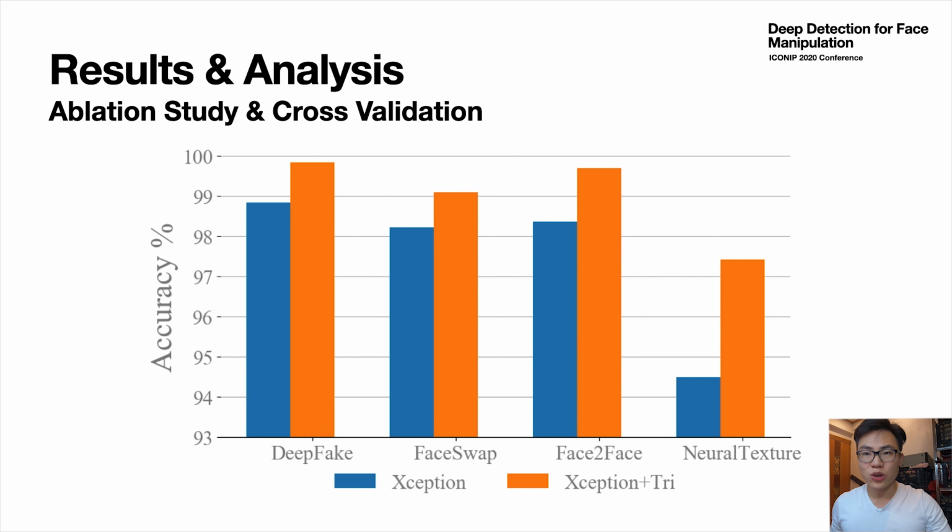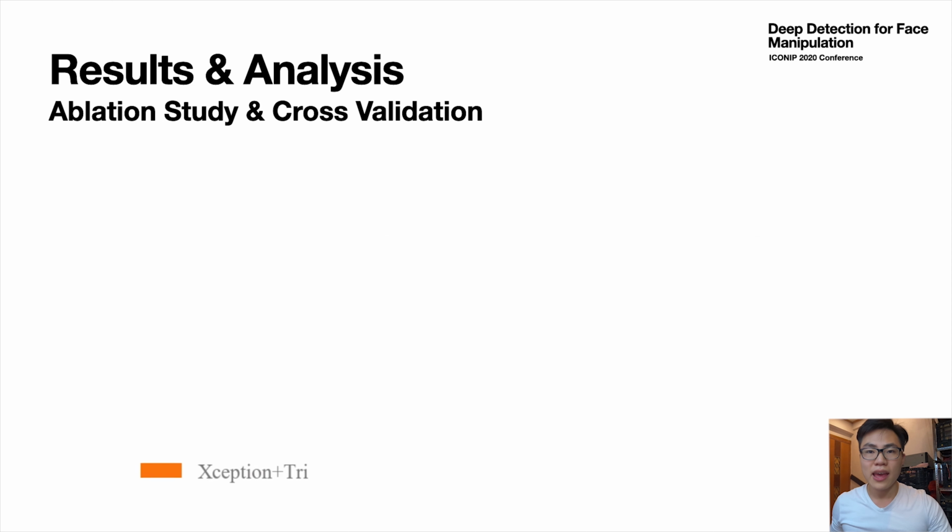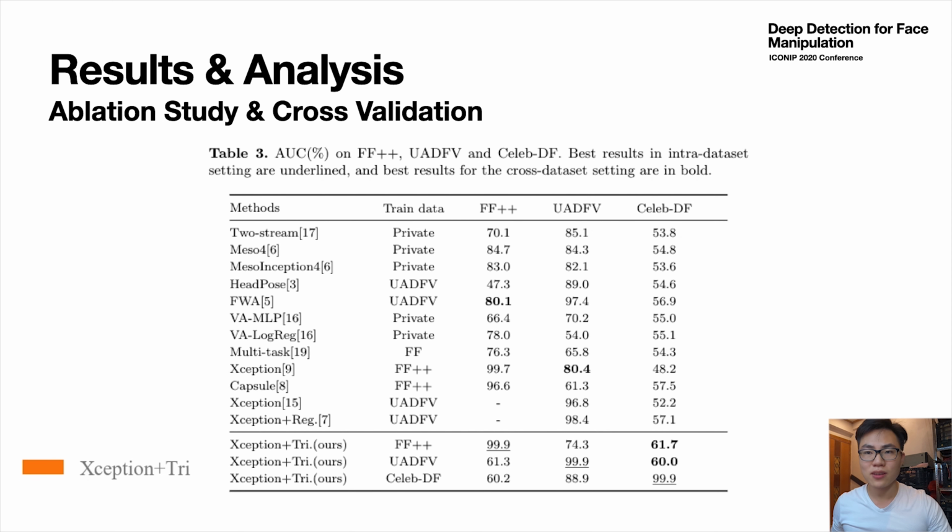Although the Xception network itself is highly competent to detect the manipulated face images, our contrastive learning with triplet loss clearly enables the learning of more discriminative features and boosts the detection accuracy. We also take the outputs of the classification network and compute AUC, which is known as area under curve, so as to compare with other methods.